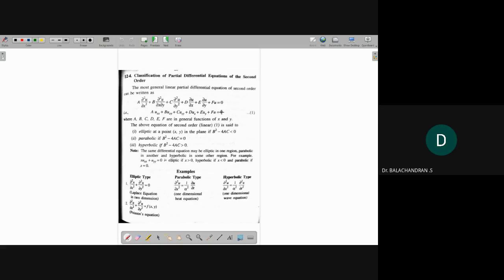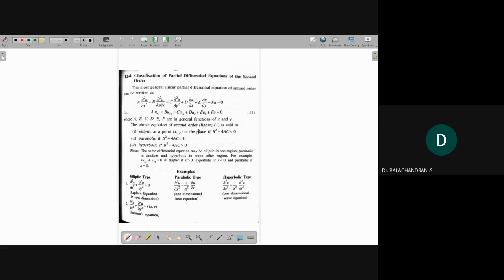This equation 1 is said to be elliptic at a point x comma y in the plane if the discriminant, b square minus 4ac, is less than 0. If b square minus 4ac is equal to 0, then we say that this equation is parabolic, and if b square minus 4ac is greater than 0, we say that it is hyperbolic. You should remember it like this: equal to 0, parabolic; less than 0, elliptic; greater than 0, hyperbolic.